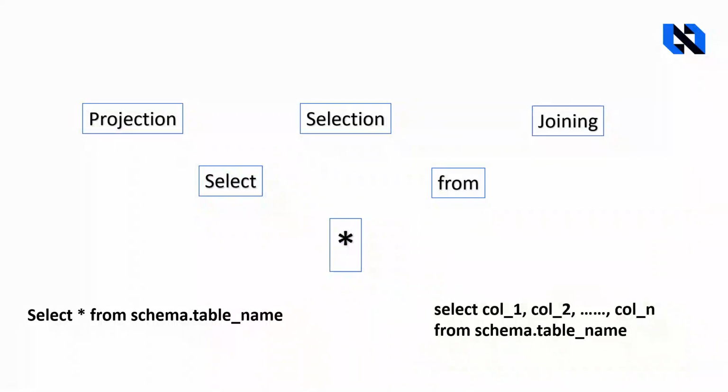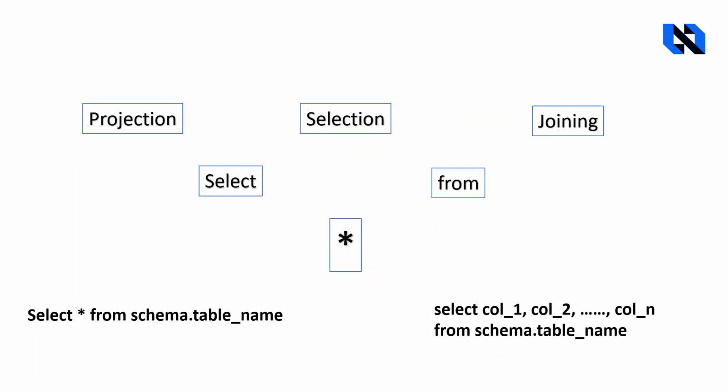When you write your SQL query, you say select the name of column 1, comma, the name of column 2, comma, and so on up to the number of columns you have been given. After that you say from schema.table name.